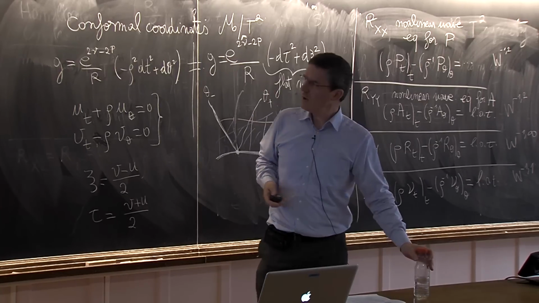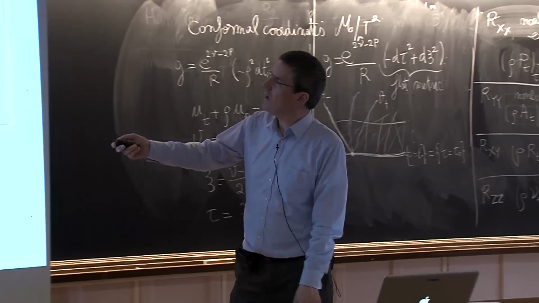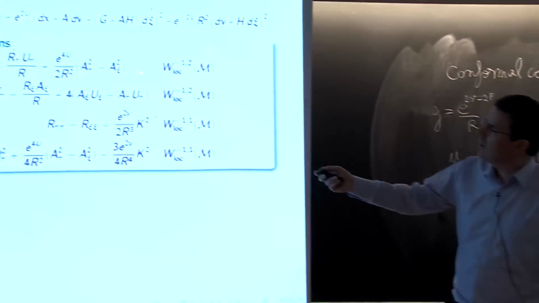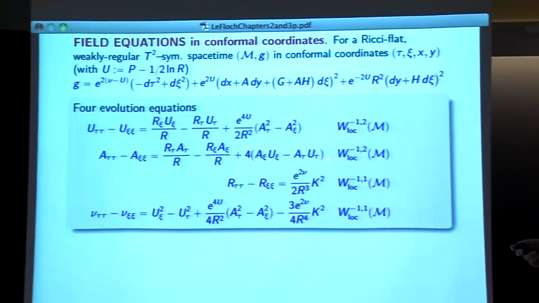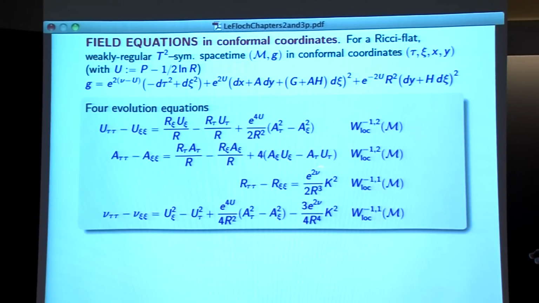Okay. So you have wave equations. You have quadratic terms here, quadratic products of this form, like so. These are called null forms. And here the wave equation for R contains an algebraic term. And you have again null forms here and an algebraic quantity for the wave equation for nu.